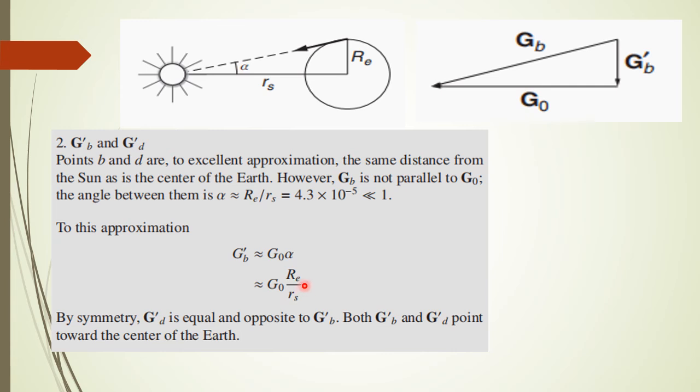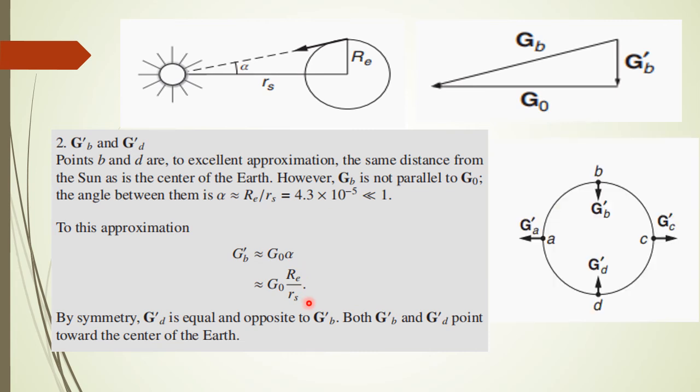So it is Go Re by Rs. So at this point, the value of the apparent field is equal to Go Re by Rs. By symmetry, G dash D is equivalent opposite to G dash B. That will be equal to minus Go Re by Rs. So the direction of G dash B is in this direction and G dash D is in this direction.